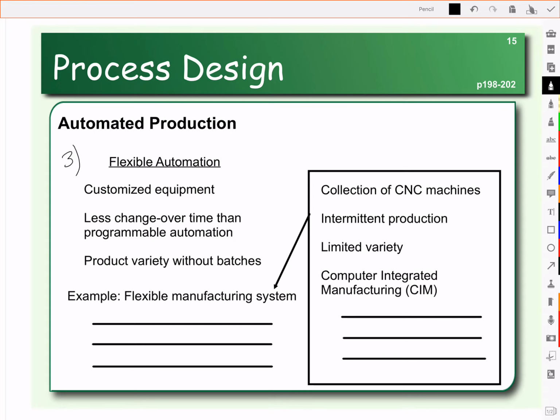In this case, we're going to have very customized equipment. It is going to do special tasks, but it can also be programmed. So we're taking that programmable automation and allowing it to give us even more quantity and variety.